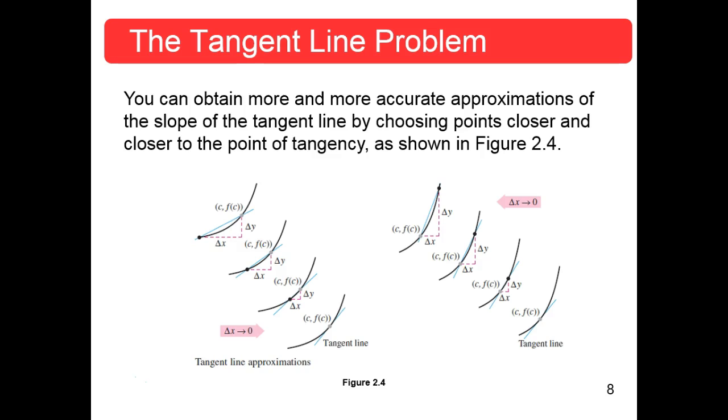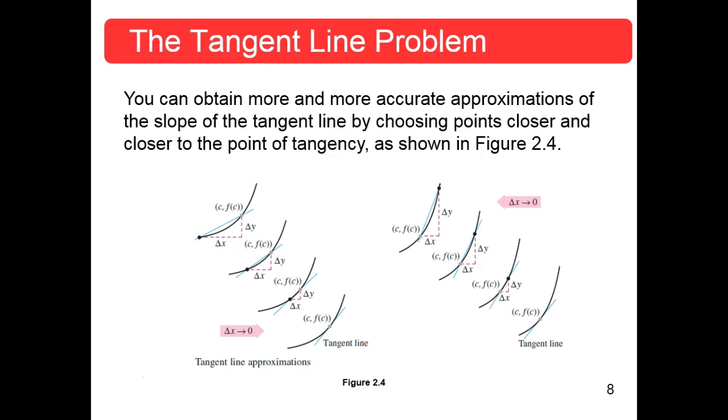Okay. Now, getting back to this, and same thing we did in 1.1, just repeating it, you can obtain more and more accurate approximations to the slope of the tangent line by choosing points closer and closer to the point of tangency, as shown here. If this is your first delta x and there's your first delta y, okay, then choose a smaller delta x, smaller delta y, and guess what?